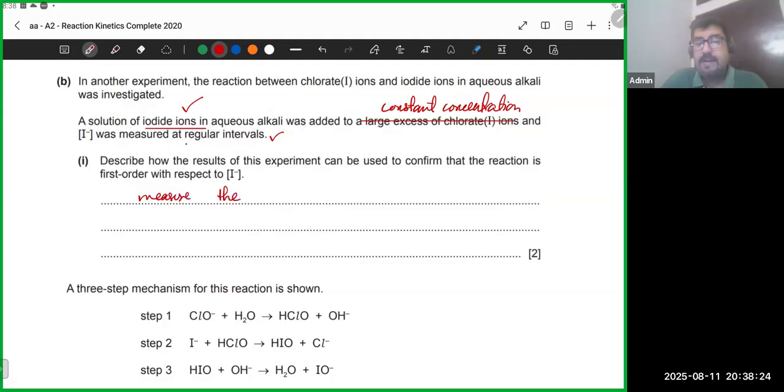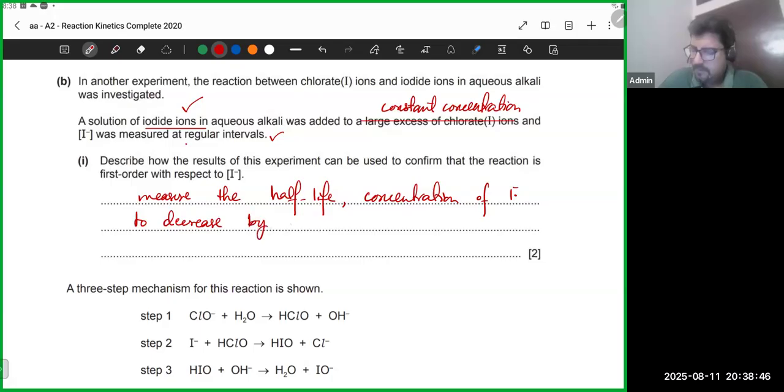How much time does it take for the concentration of I- to decrease by half?